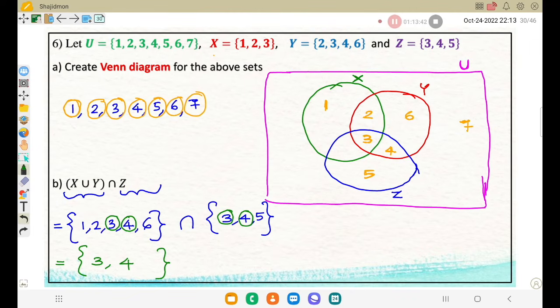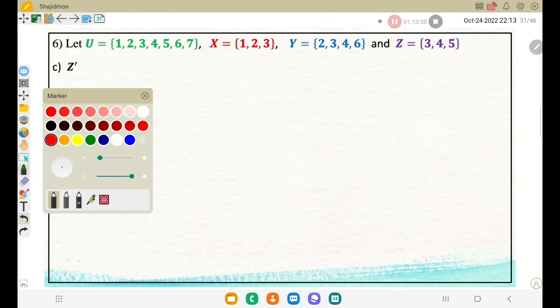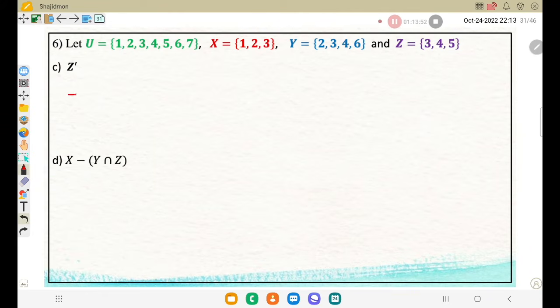Hope you understood. Okay, now we will go to question number C. Z complement. Z complement means the numbers not in Z, but they should be in the universal set. Okay, so what is the universal set? 1, 2, 3, 4, 5, 6 and 7. This is the universal set. Correct?